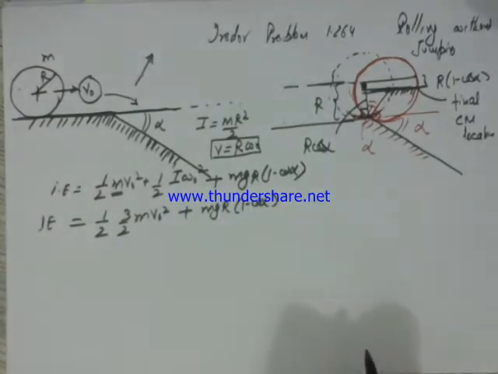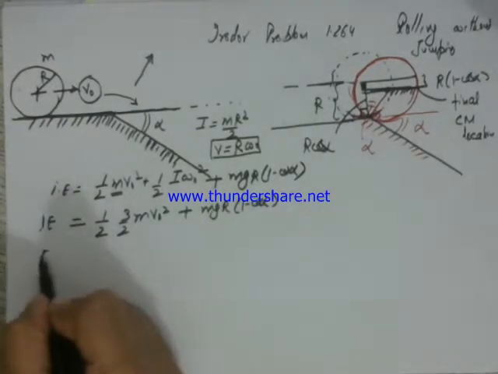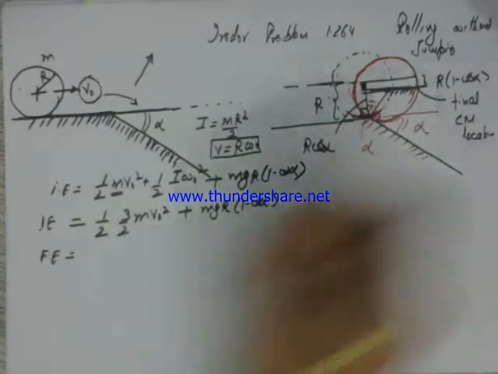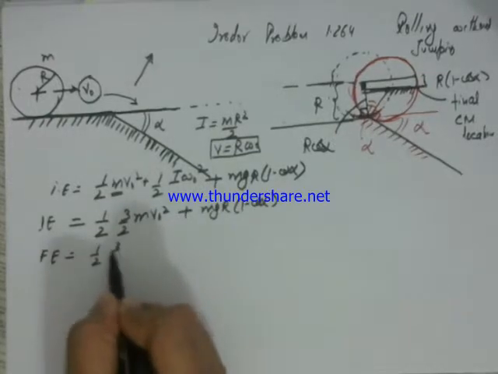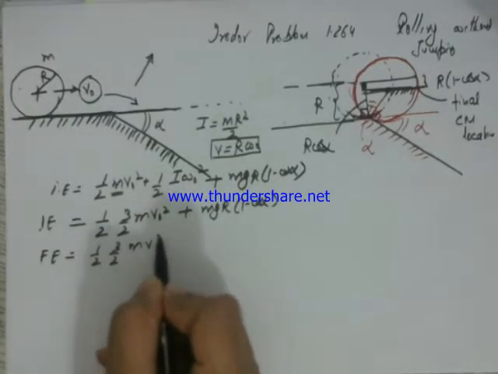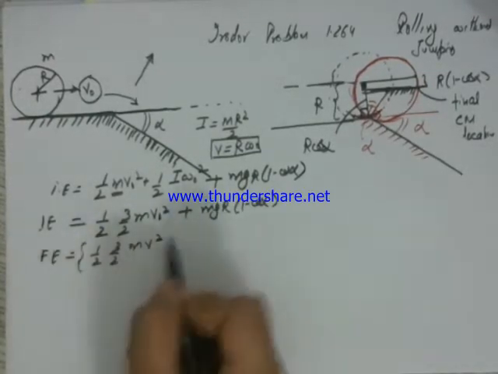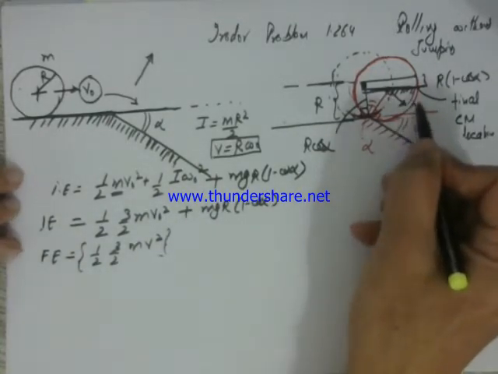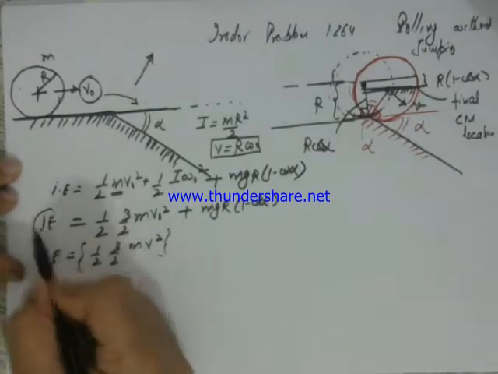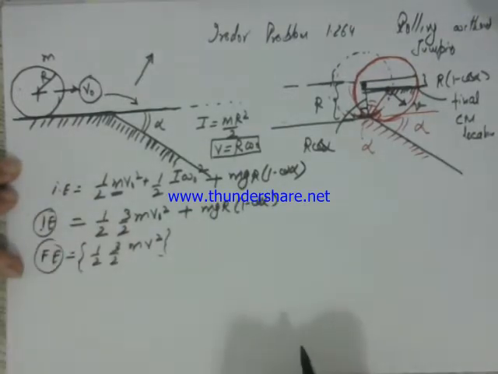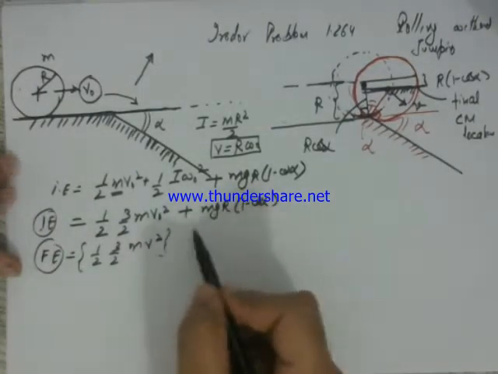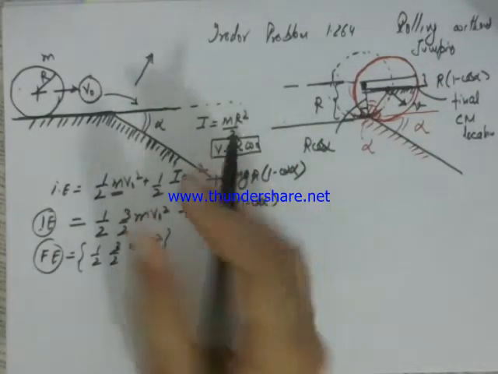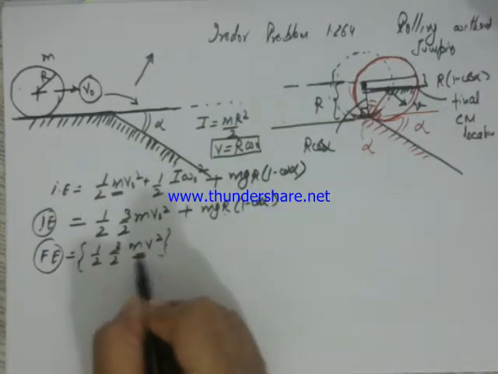And what is the final energy? Final energy is equal to half times 3 upon 2 m v square, where v is the velocity at this point of time when it has rolled over. There is no loss of energy. The kinetic and potential energy just get interconverted, so kinetic energy has effectively increased here.